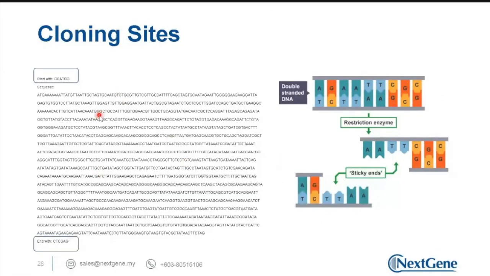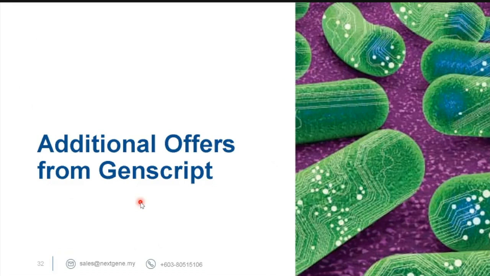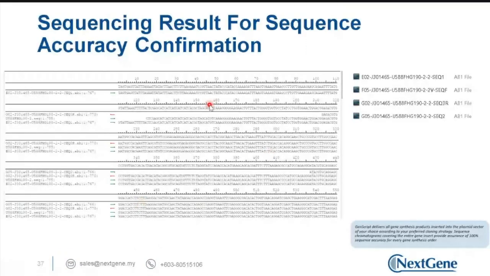The user needs to confirm that the sequence inside the text file is accurate. The Sanger sequencing result will be compared to this particular FASTA file or text file that comes along with the quotation. So we guarantee the sequence accuracy compared to the agreed sequence.